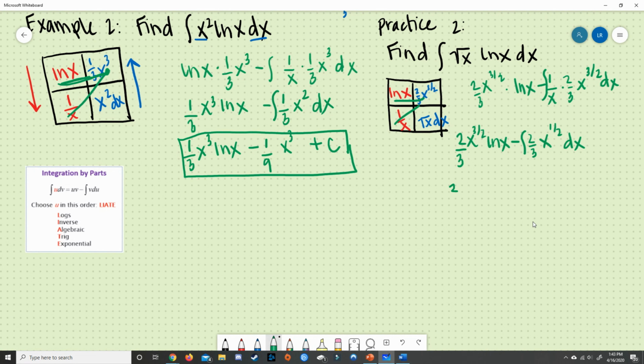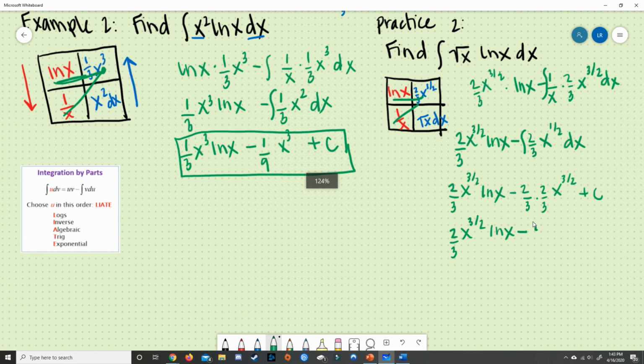So this becomes 2/3 x to the 3/2 ln of x minus 2/3 times x is going to become 3/2, so this is going to be times 2/3 because we divide by our new exponent, which makes our final answer 2/3 x to the 3/2 ln of x minus 4/9 x to the 3/2 plus c. Okay, so there we go.